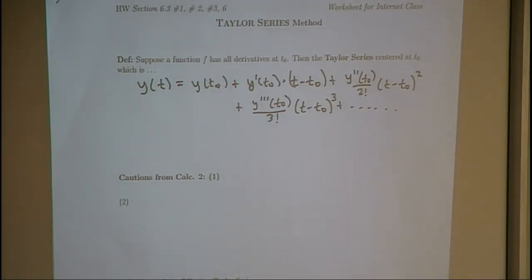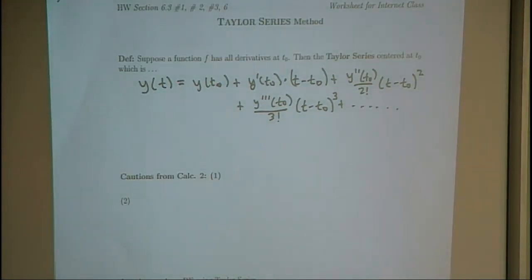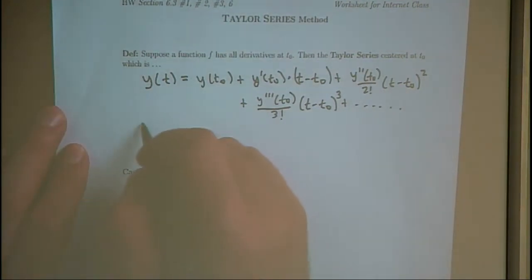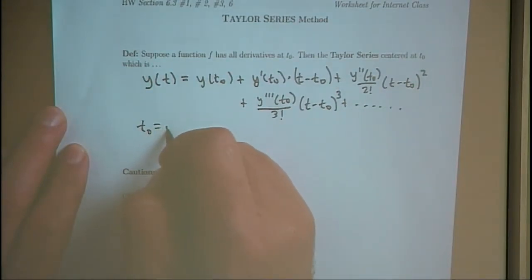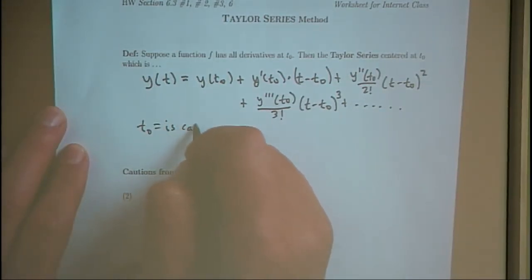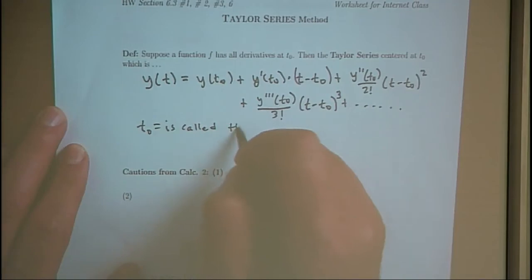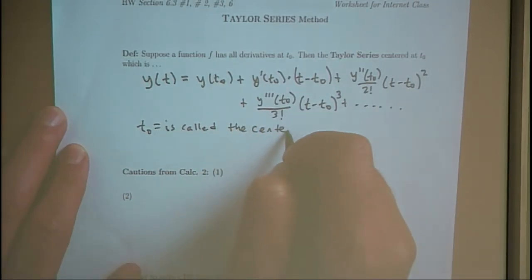Now you might not have seen it in this form. You did it for probably a function called f with the independent variable x, but the idea is sort of the same here. I want to make some comments here. If t0 is equal to 0, well, t0 is called the center of this Taylor series.